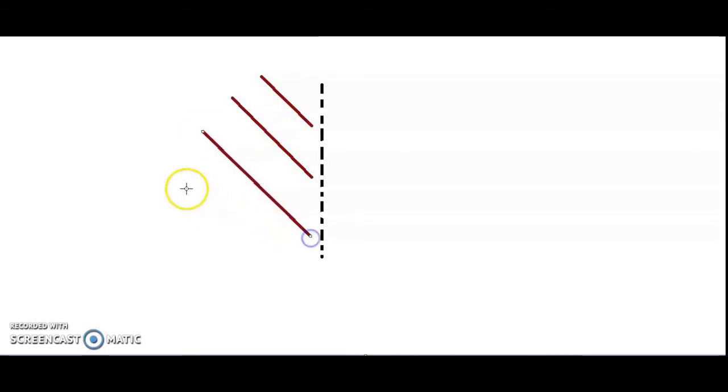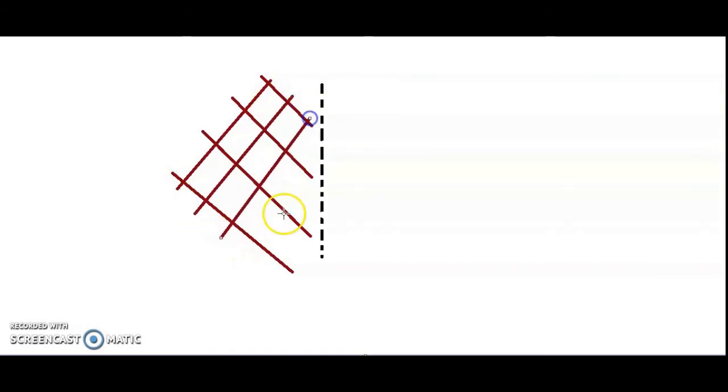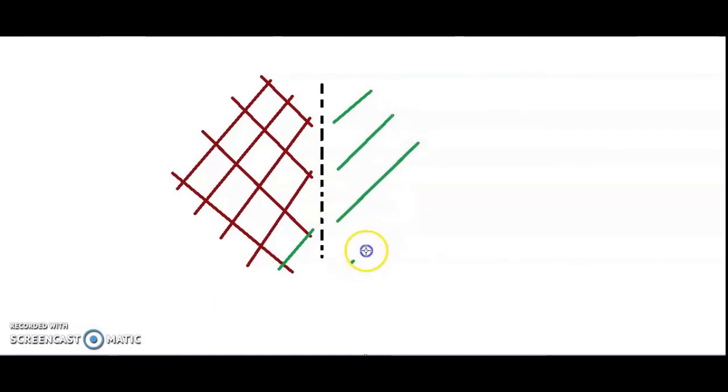Let us draw the crystal like this. So these are the lattice points. Okay, so we have one crystal going in this part, and now let us draw another crystal going on the other part of the grain boundary. So let it be like this.